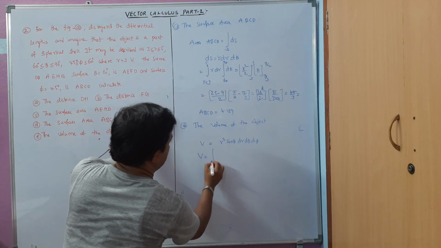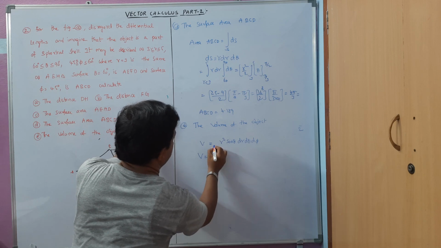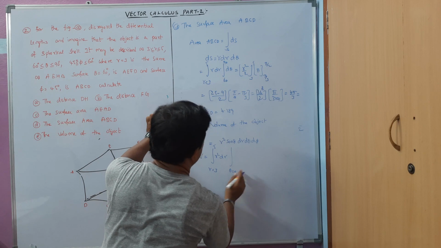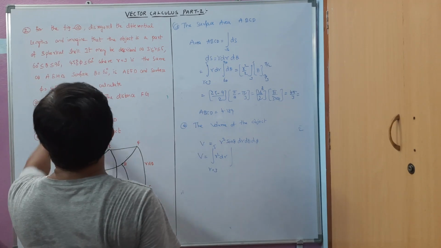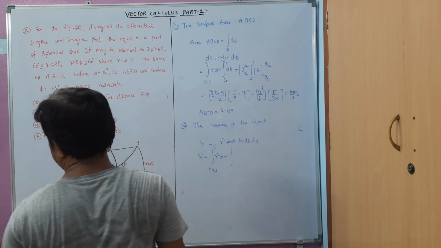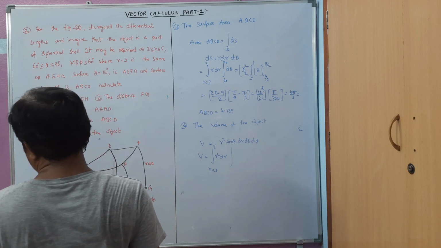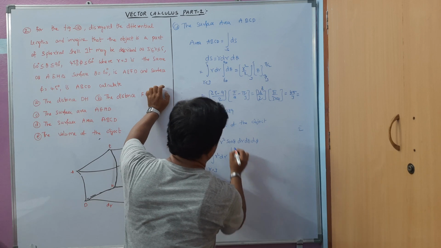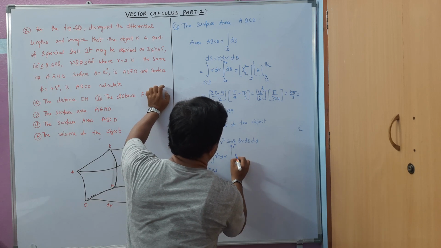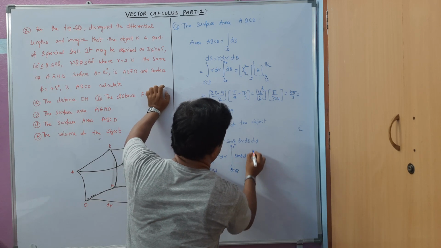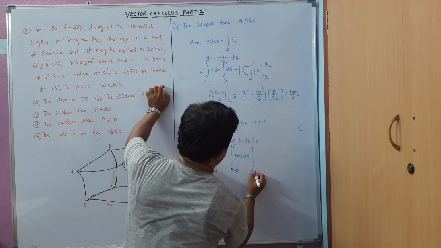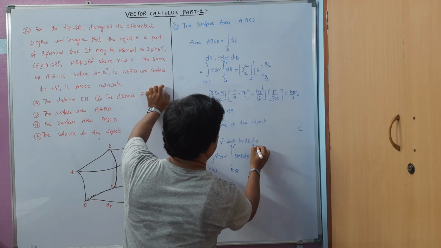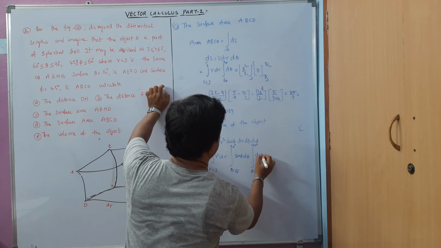V is equal to, we have to take r is equal to 3 to 5, r square into dr, and sin theta, that is theta is equal to, we have to take 60 to 90 degrees, that is sin theta into d theta, and phi is varying from 45 to 90 degrees, so it is d phi.